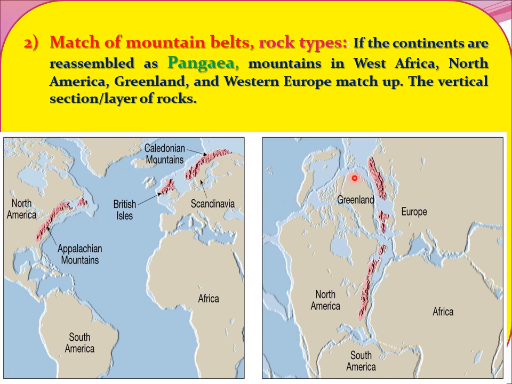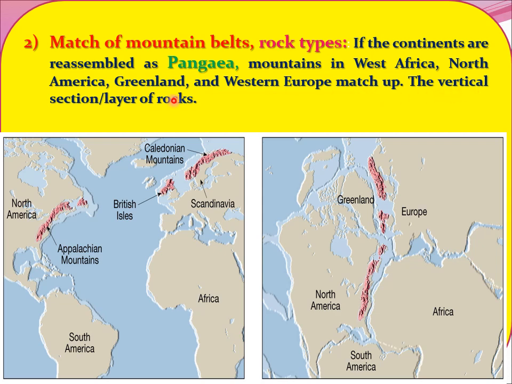If the continents are reassembled as Pangaea, the mountains in West Africa match up with those in North America, Greenland, and Western Europe. Alfred Wegener used this similarity of mountains as evidence.